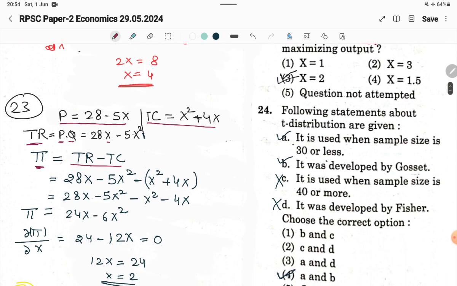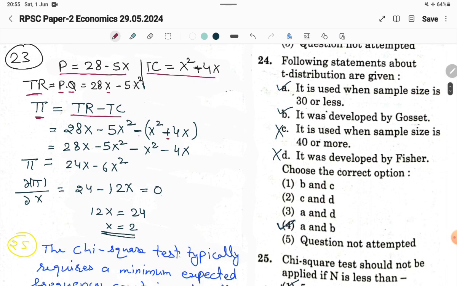Total revenue is 28x minus 5x^2, minus total cost x^2 plus 4x, then 28x minus 5x^2 minus x^2 minus 4x, because here is the minus, so minus into plus will be minus. So profit will be 24x minus 6x^2.